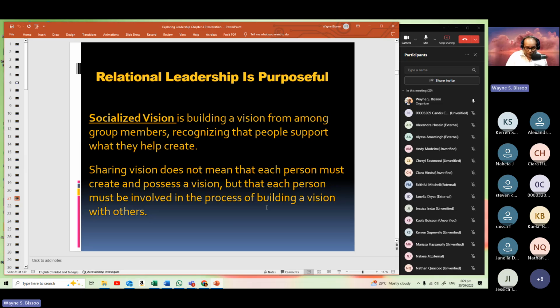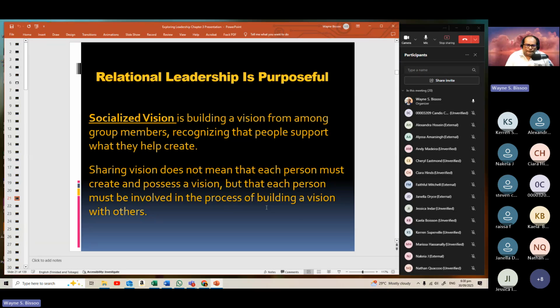But what is important is that as new people come into the organization, we should have a sort of rebuilding or induction of the new people coming in to make sure that they're also socialized into the vision of the organization, so that they become believers too, or members of the cult, so to speak.